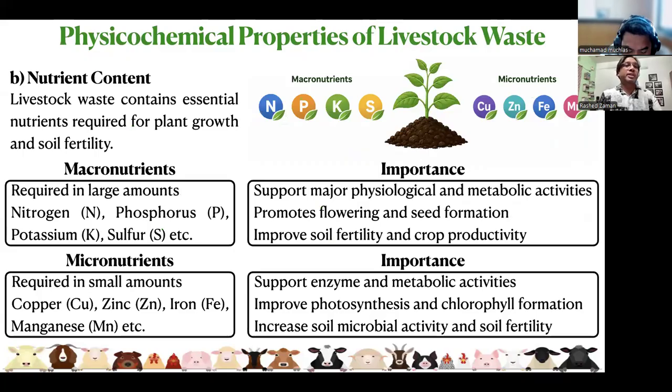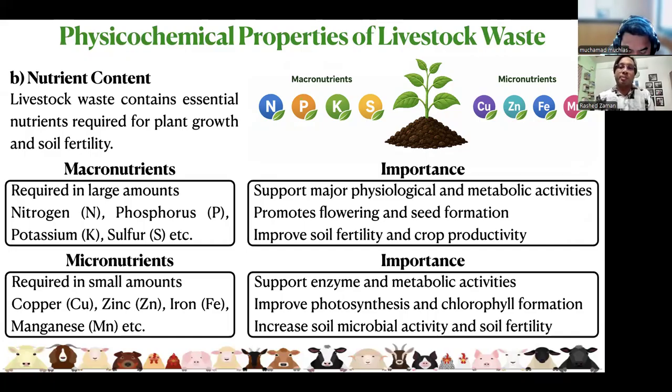Now the nutrient content. Livestock waste also contains some nutrients, micronutrients and macronutrients, that are ultimately useful for plant growth and development as well as for soil fertility. So first, the macronutrients. These are required in large amounts for plant growth and development. For example, nitrogen, phosphorus, potassium, sulfur, etc. These are the macronutrients.